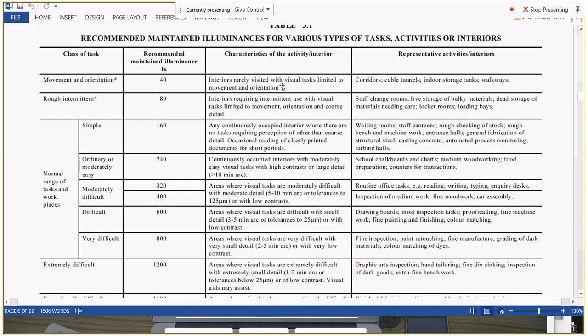So that might be a storeroom, it might be a passageway to the storeroom. Rough, intermittent: interiors requiring intermittent use of visual tasks limited to movement, orientation, and coarse detail. So change rooms, live storage, bulk materials, dense storage materials, etc.